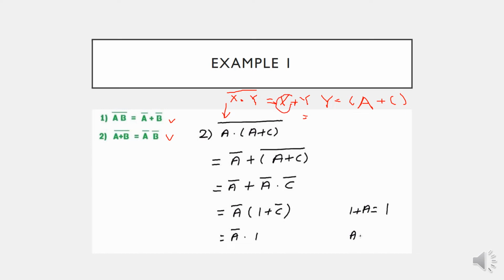So we can replace x with A and y with A or C. Our result will be x or the inverse of A or C. Okay, so that's why we have this form here.